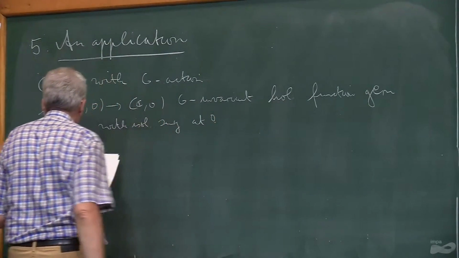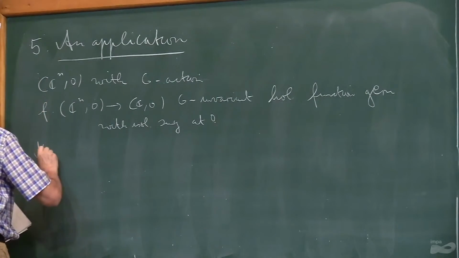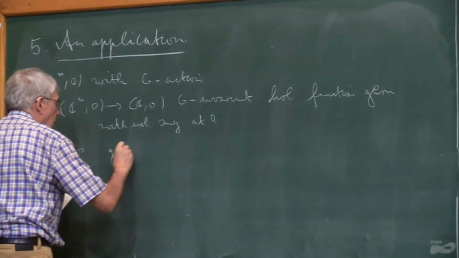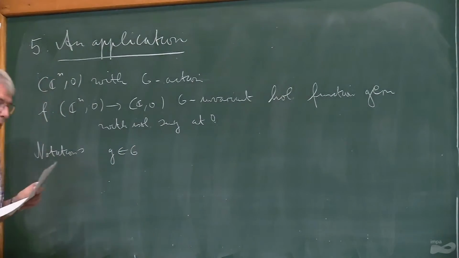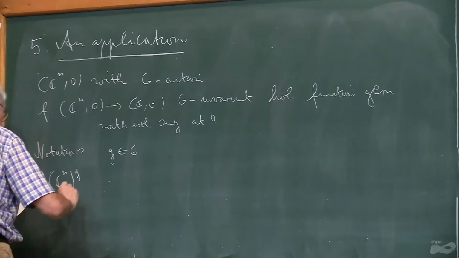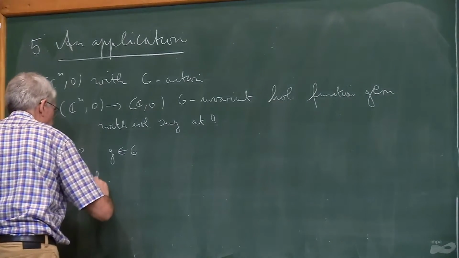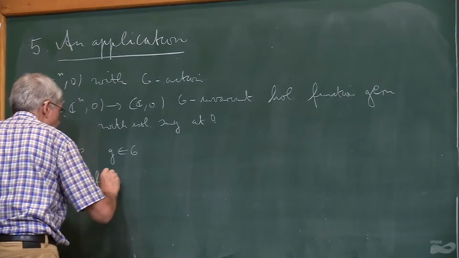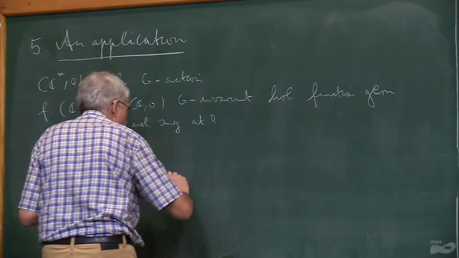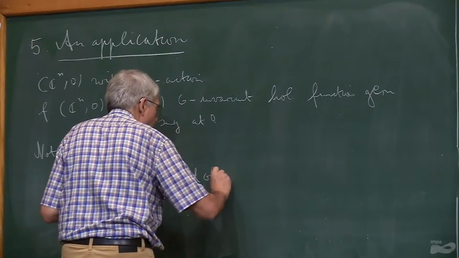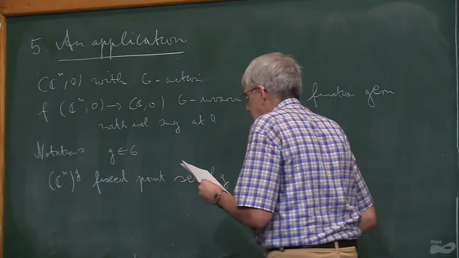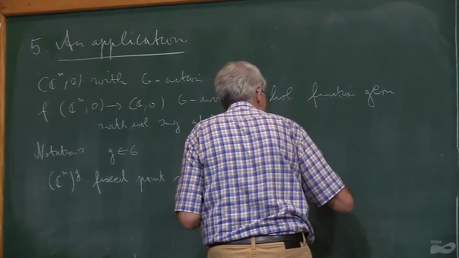at 0. And let me introduce some notations. So for an element g in G, I denote by C^n to the power g the fixed point set of g. Its dimension is denoted by small n_g.